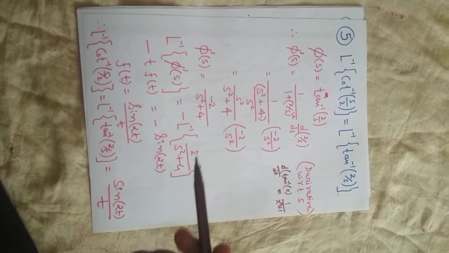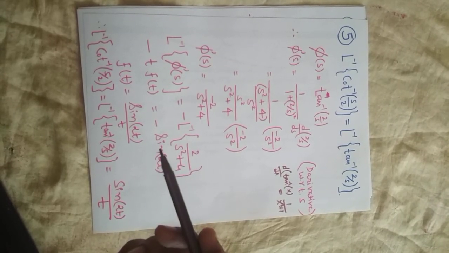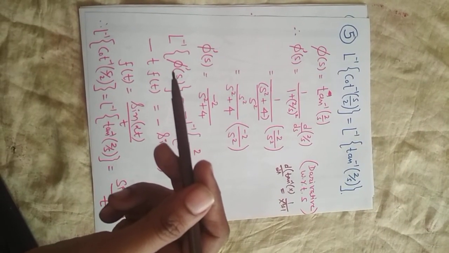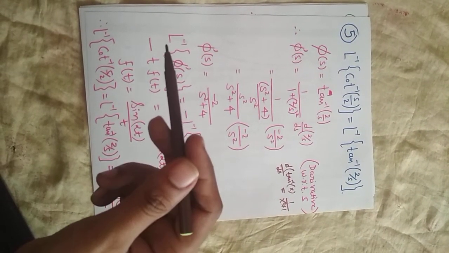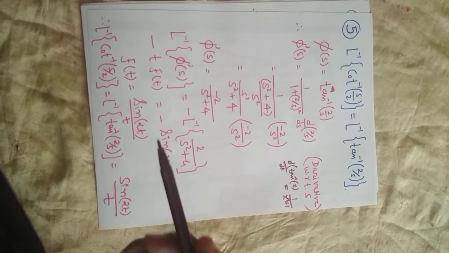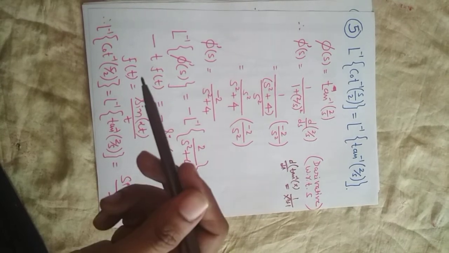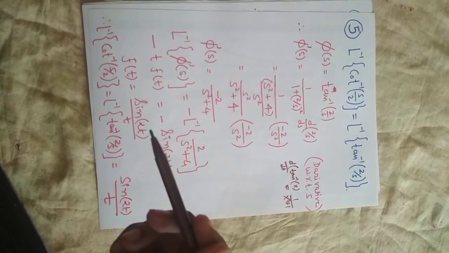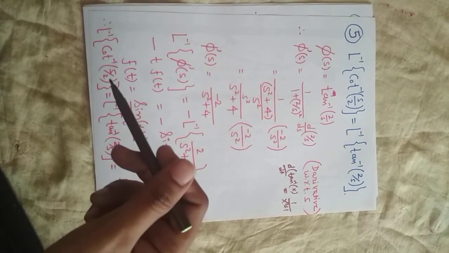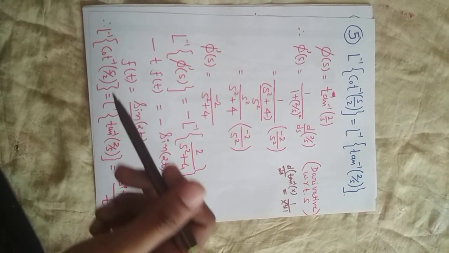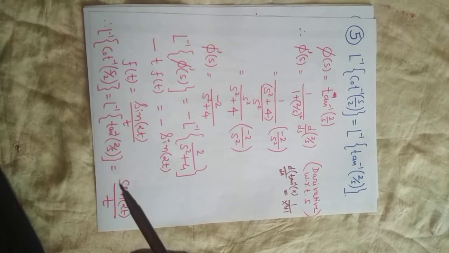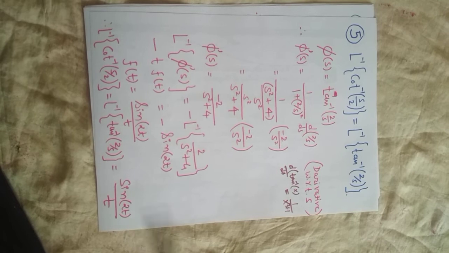So this side will be minus sine 2t, and this is the inverse Laplace of the derivative of phi of s. That means minus t f(t) equals minus sine 2t. Therefore f(t) equals sine 2t by t, the minus canceling from both sides. Therefore, our answer for cot inverse s by 2, which equals tan inverse 2 by s, is sine 2t by t.